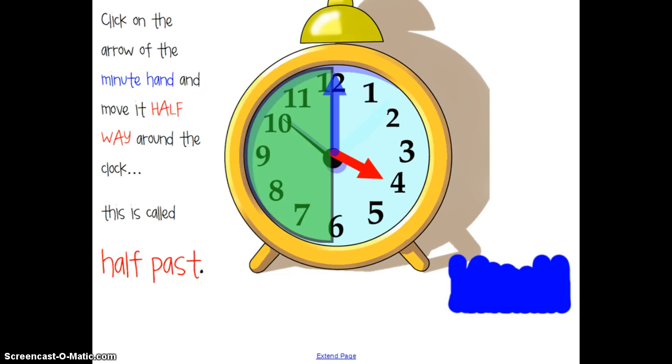Let's look at this clock. Right now, it says 4 o'clock. The hour hand is on the 4 and the minute hand is on the 12, telling us 4 o'clock. As time passes, the minute hand moves around the clock.